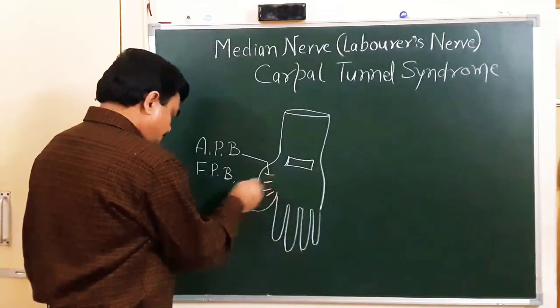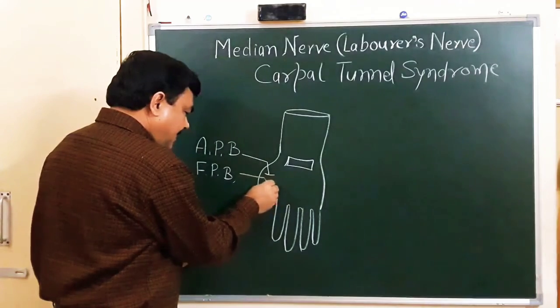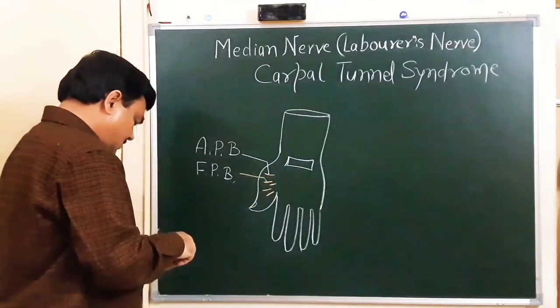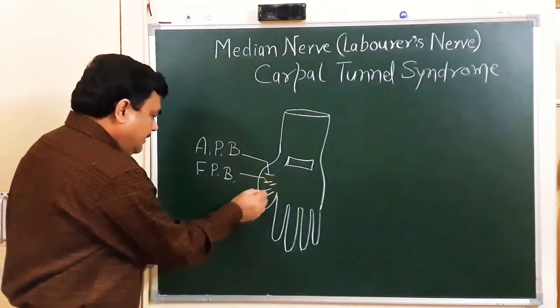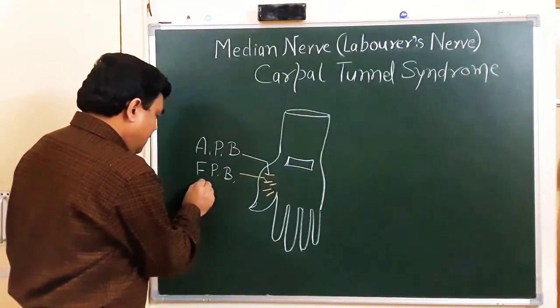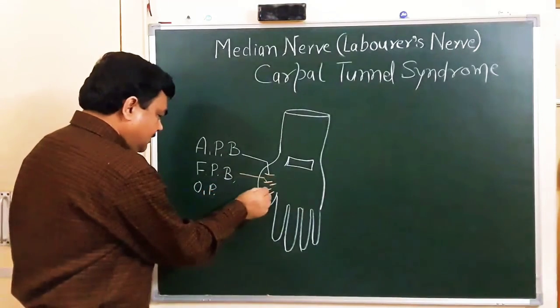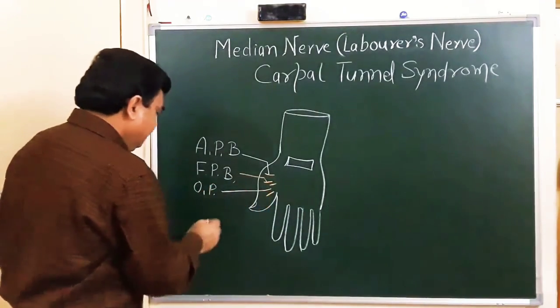Suppose this is the superficial head and there is another deep head. Another muscle in this group is opponens pollicis. Suppose this is opponens pollicis.